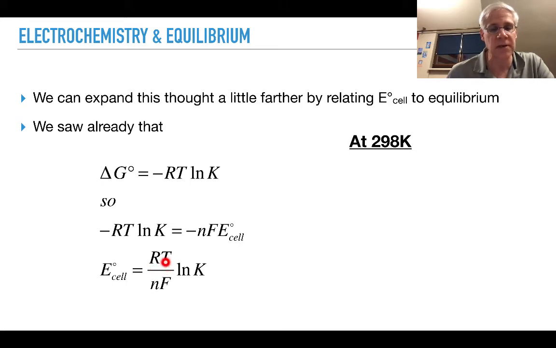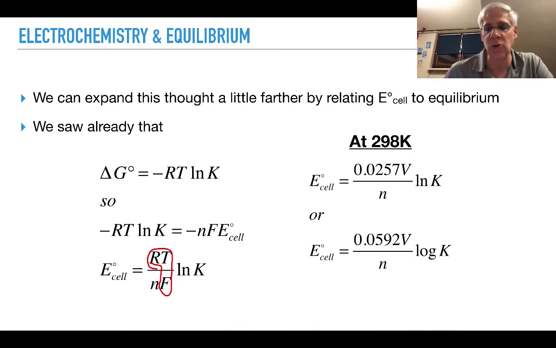Temperature is in Kelvin. If we're at 298, both of those become a constant. F, of course, is the Faraday constant, so it's also a constant number. So we have these three values right here that become constants at a given temperature, and we can work those values into a predetermined equation here.